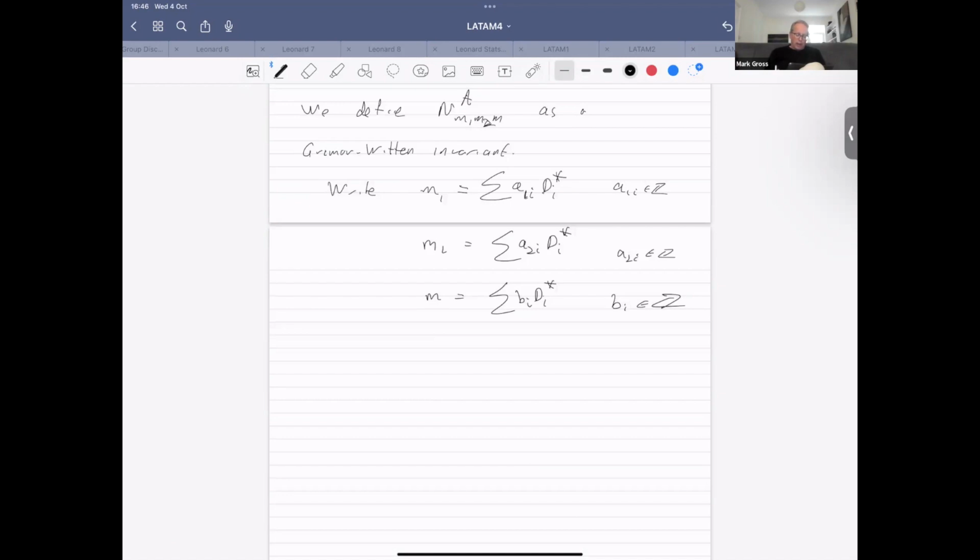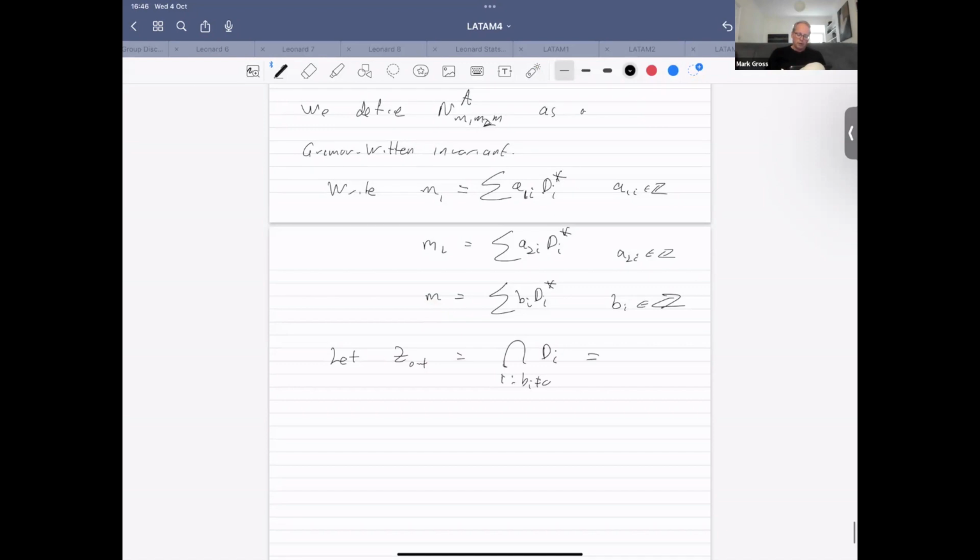And we also have a stratum. Let D out be the intersection over all i such that bi is non-zero of Di. So that's the stratum more or less determined by n.